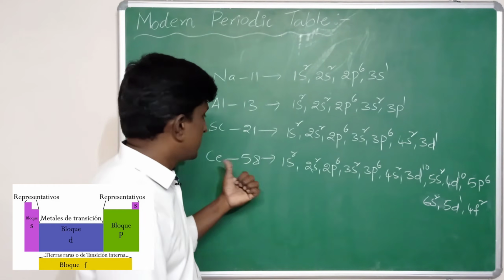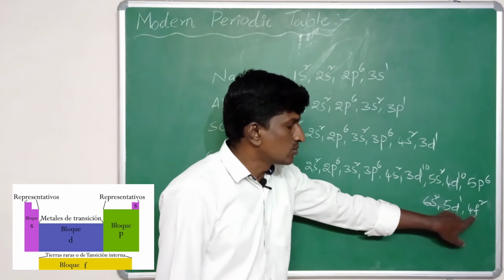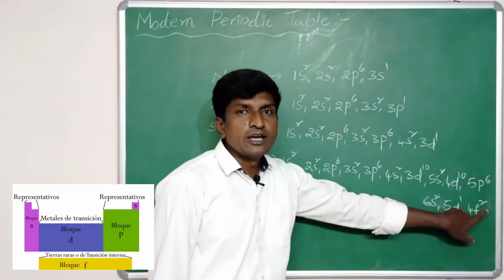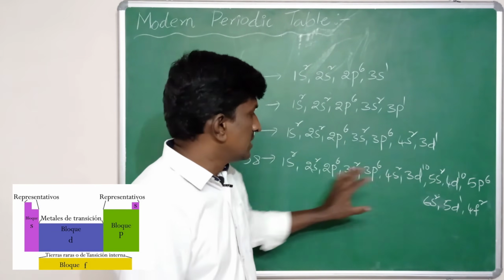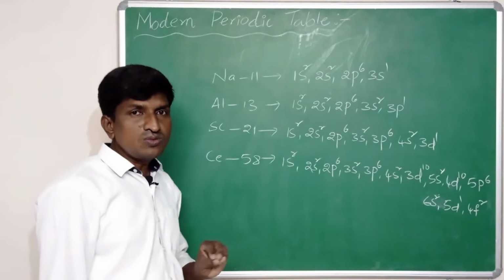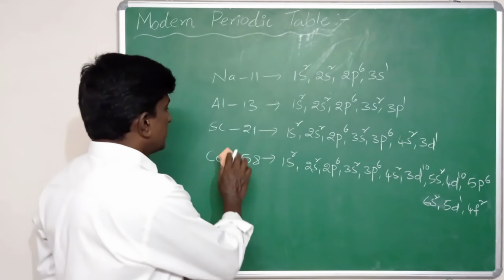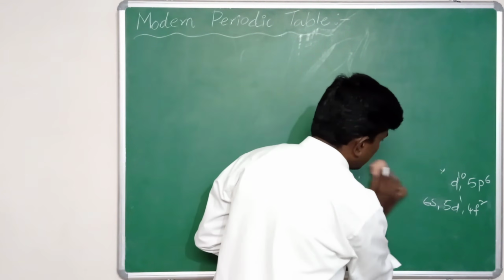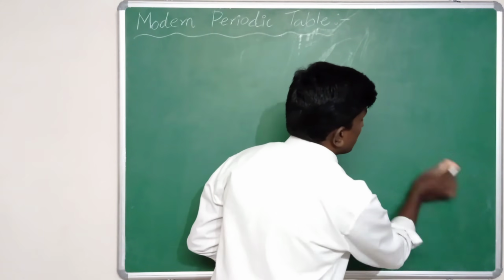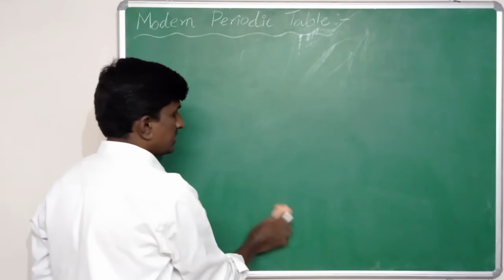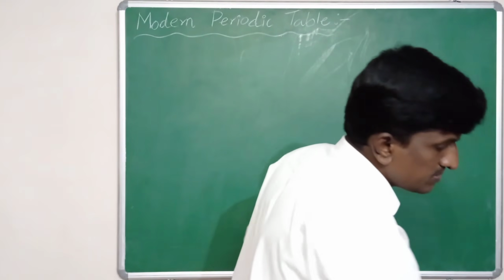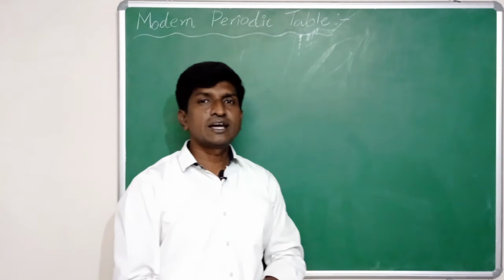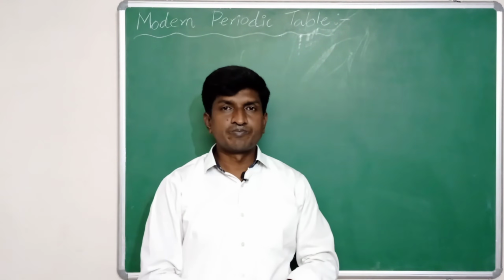Similarly, in cesium, the outermost electrons are filled in the f orbital, so these elements belong to the f block. In this way, based on the filling of electrons in the outermost orbit, the modern periodic table has been divided into 4 blocks: S block, P block, D block and F block.